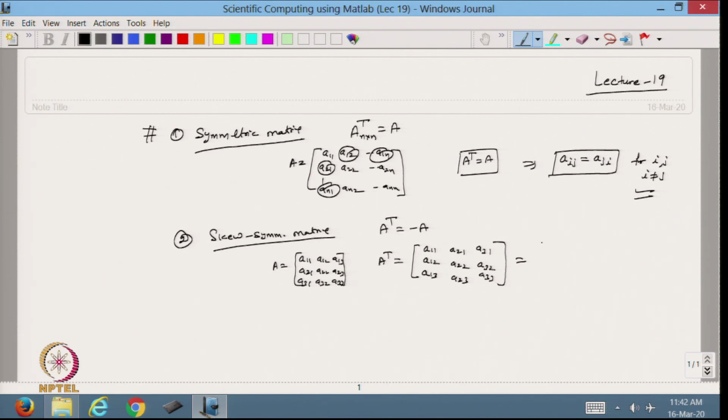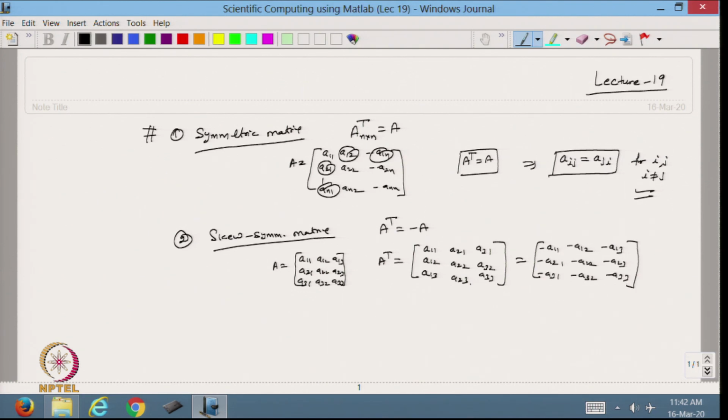Now this is equal to minus of A. So minus A is minus A11, minus A12, minus A13, minus A21, minus A22, minus A23, minus A31, minus A32, minus A33.